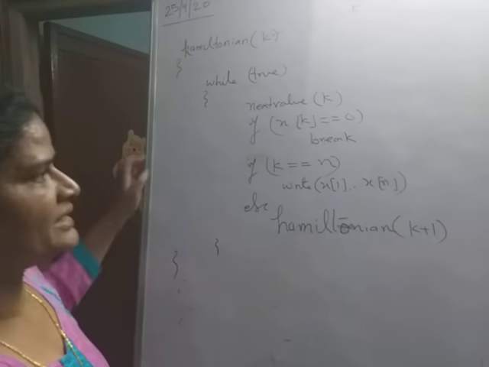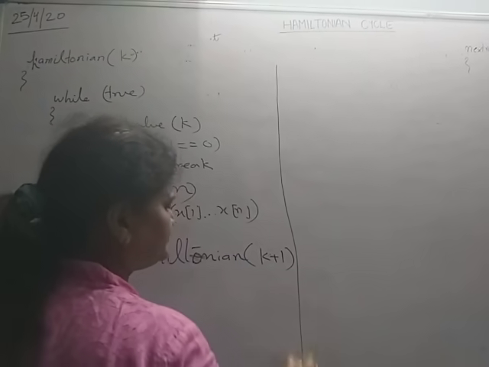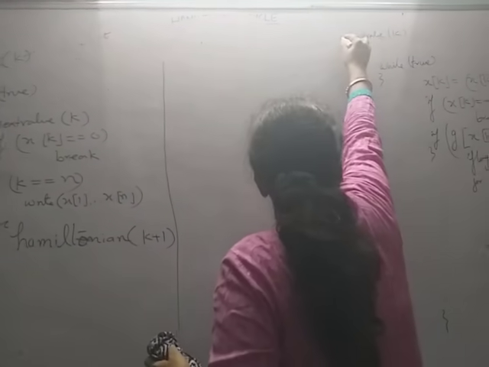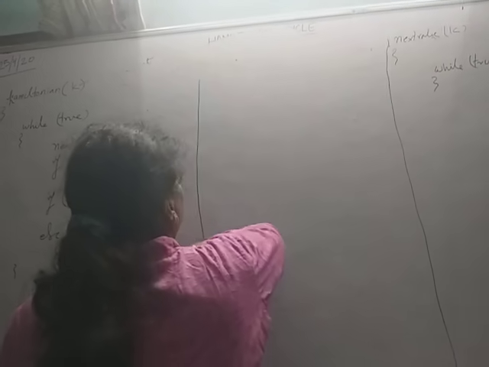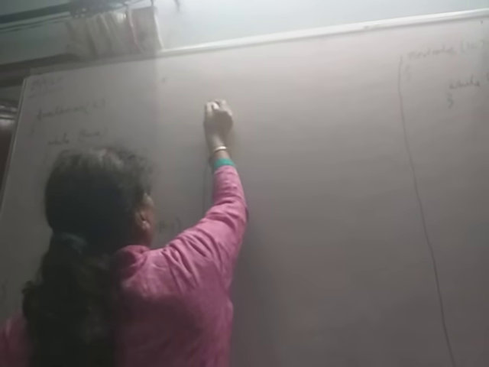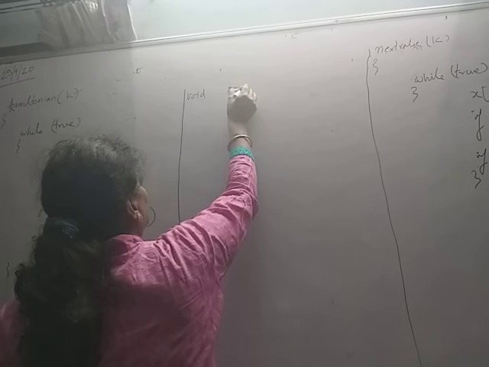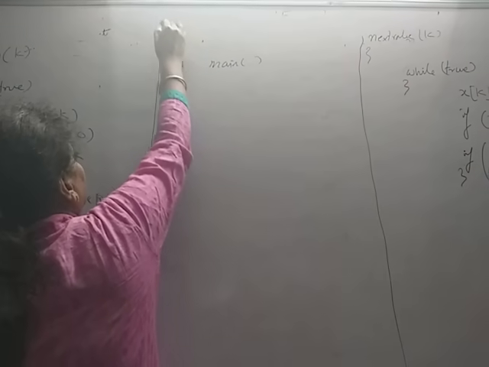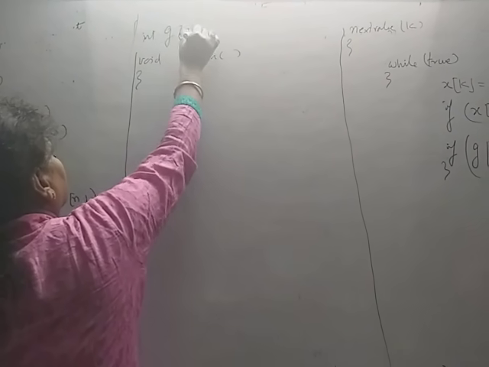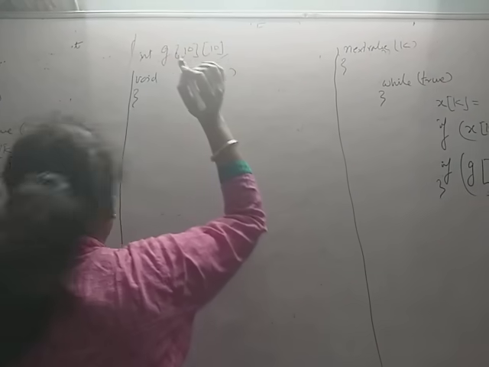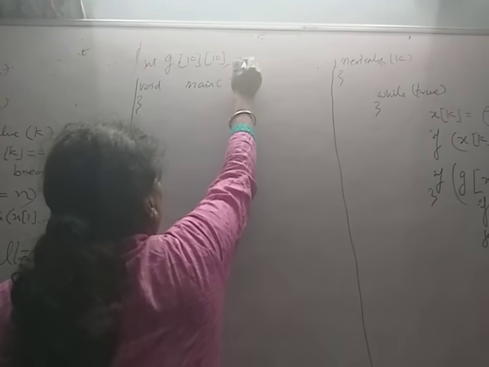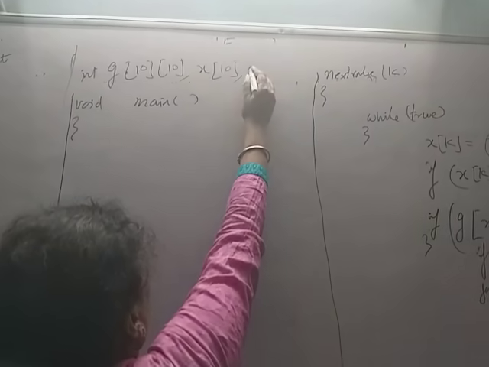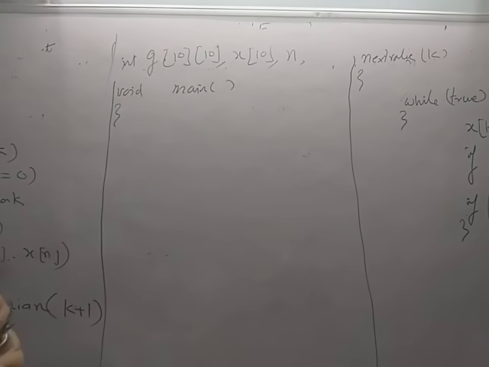This is the loop: next value k. And here the main function is what? The graph will be declared globally outside the main, void main. Here the graph int g[10][10], solution vector x[10], and the number of vertices n are declared globally.